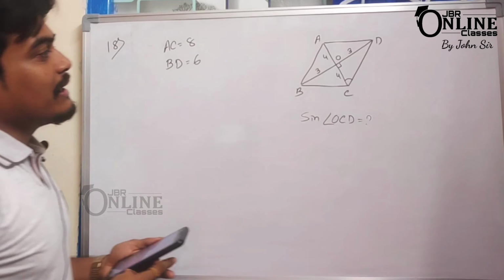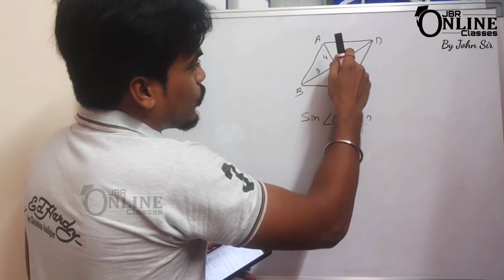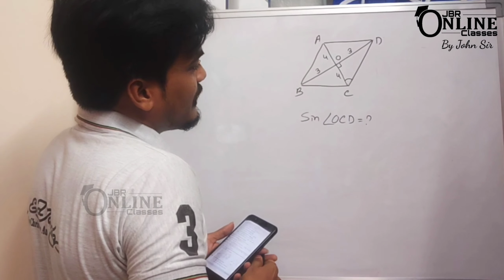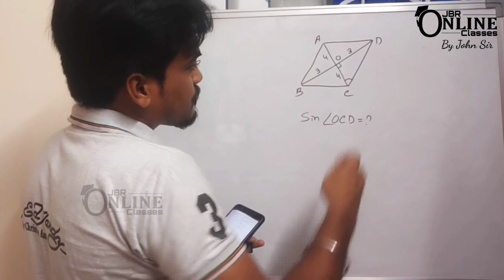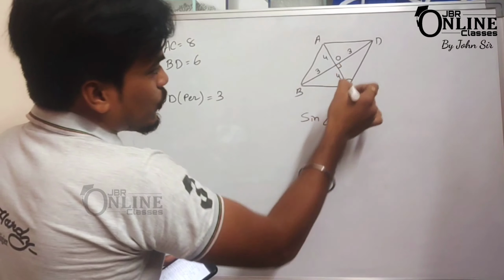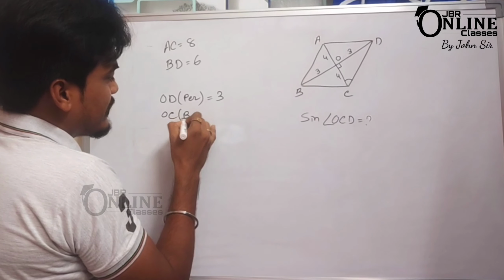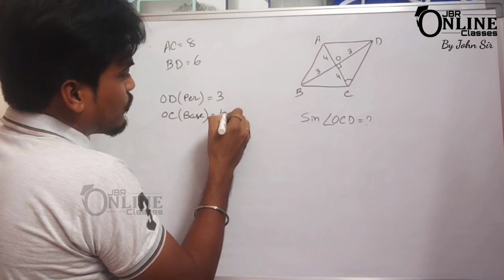So now next, in this triangle OCD, we have to find out sine OCD. So the perpendicular equal to OD, which has the value 3, and OC is the base, so the value equal to 4.